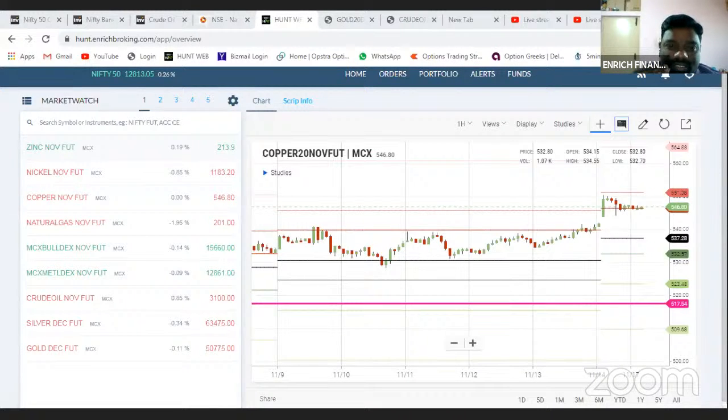Whenever the stock touches the particular support line or swing low, that is the area where we need to invest. Whenever the stock breaks the resistance line, that is also an area where we are going to invest. Either it has taken support, or if you want to average, suppose at the support level you buy some quantity, then you look for the next level.